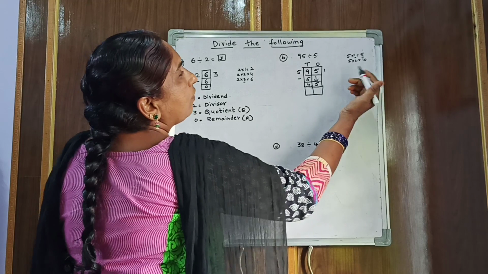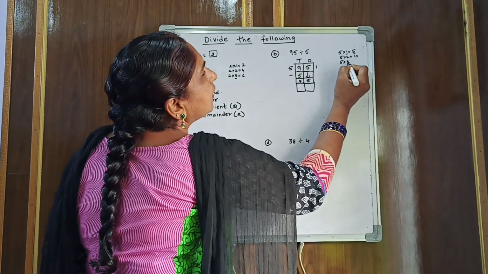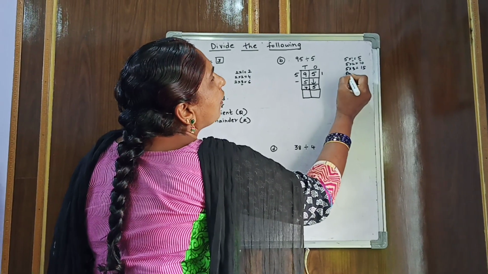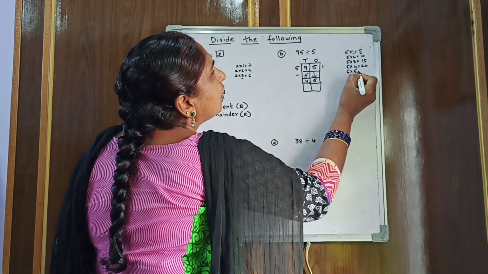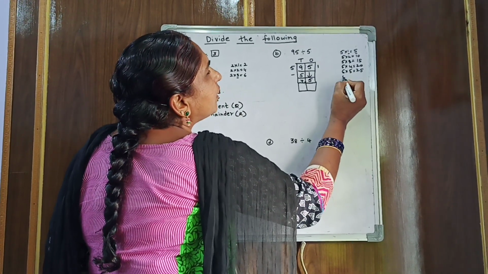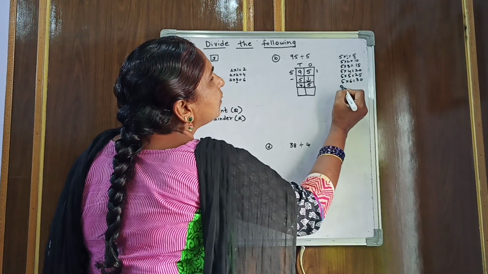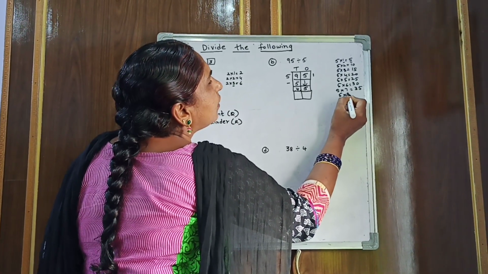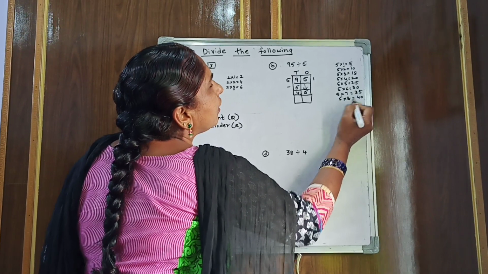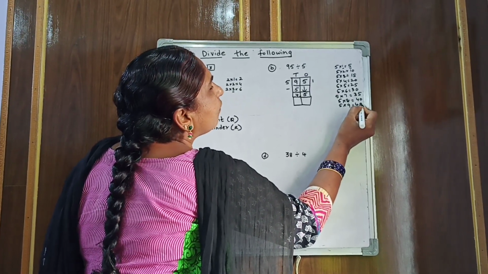Now again you have to write the table. 5 twos are 10. 5 threes are 15. 5 fours are 20. 5 fives are 25. 5 sixes are 30. 5 sevens are 35. 5 eights are 40. 5 nines are 45.